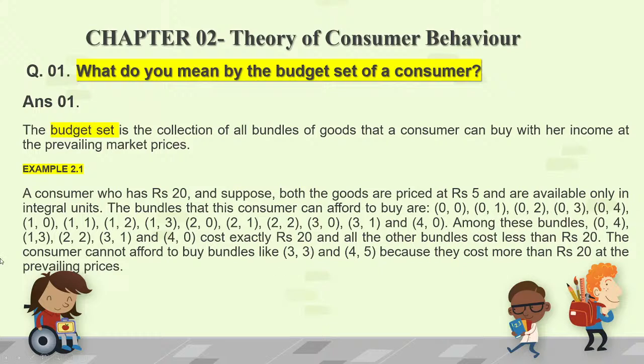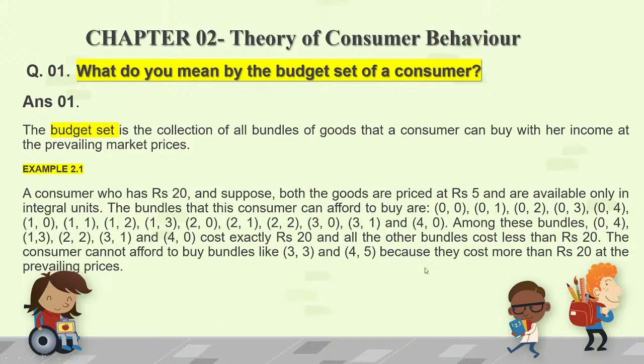So these bundles show where the cost is exactly equal to rupees 20, whereas there are other bundles which cost less than rupees 20. This is another aspect, but here what I want to say is that these bundles or sets are nothing else but the budget set. Now the consumer cannot afford to buy bundles like 3,3 or 4,5, because they cost more than 20 rupees.